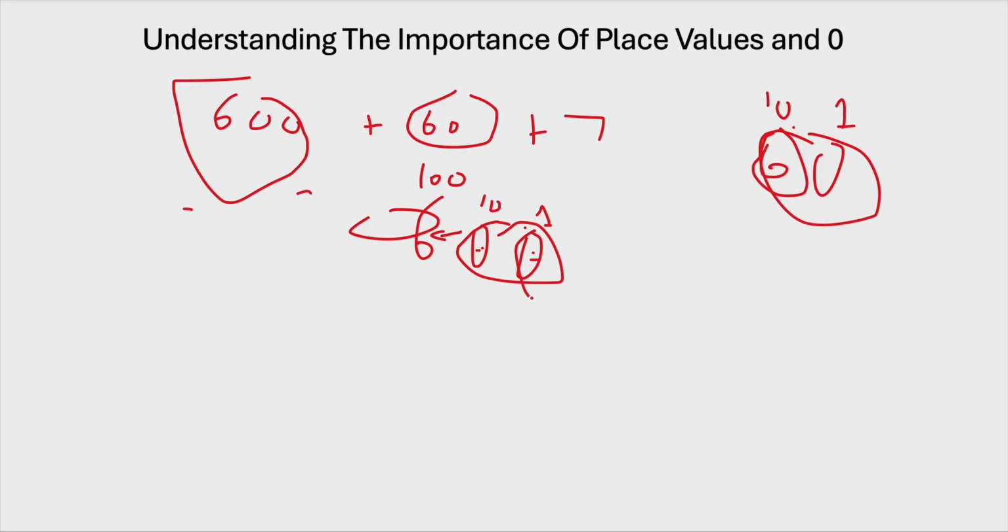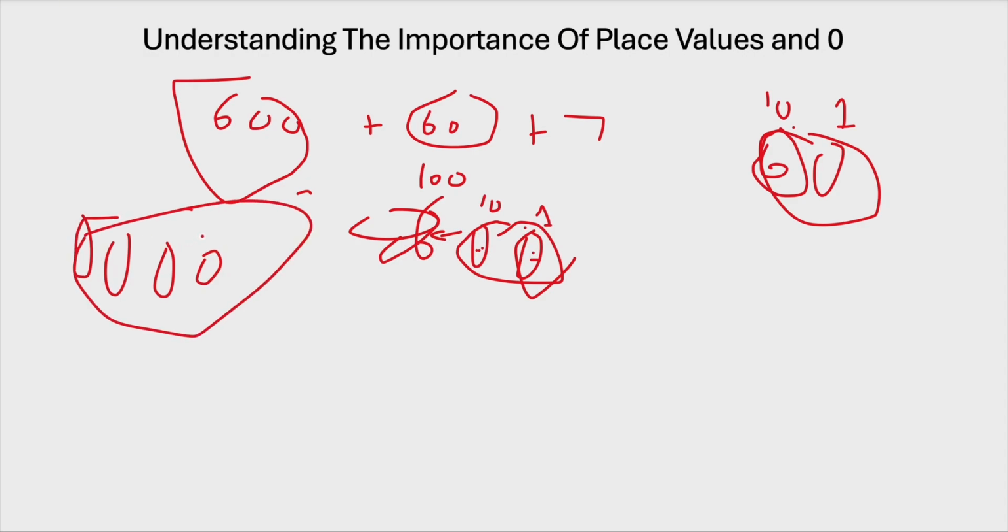This would be in the ones place, this would be in the tens place, and this would be in the hundreds place because the 6 is to the left of both of these zeros. But obviously, if I give you this number, you shouldn't take the time to think, okay, this is in the ones place, this is in the twos place, this is in the threes place, this is in the fours place. No, there's no reason to do that because there's no preceding number.